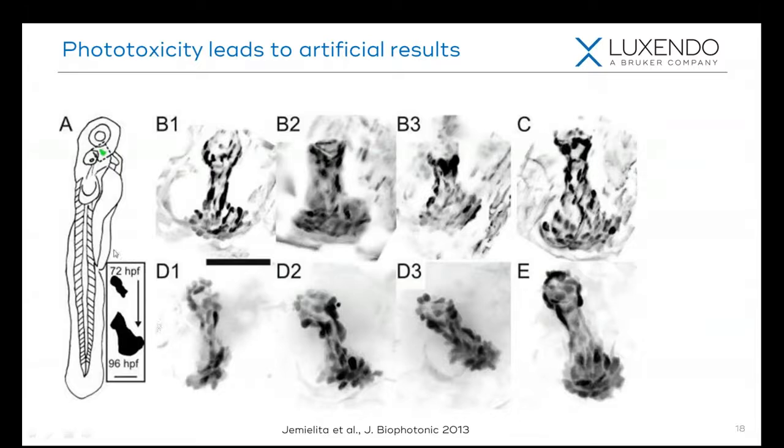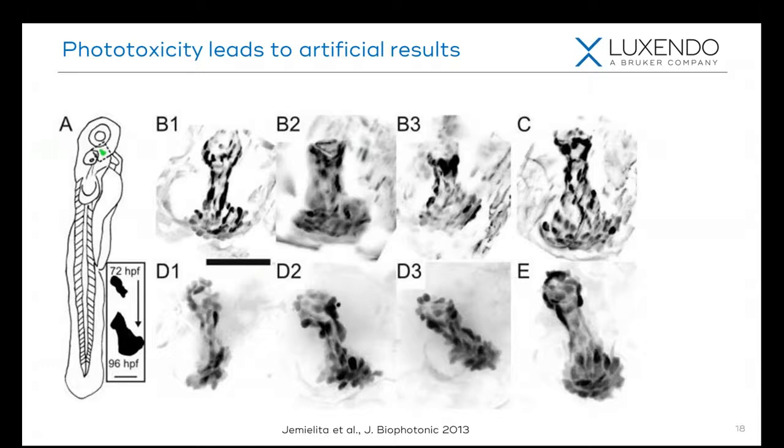And in A over here, if I can find my mouse, we'll see that from 3 to 4 days post-fertilization, this bone, the opercle, undergoes a pretty dramatic change where not only the bone elongates, but the distal end of this bone actually fans out to create the final bone.